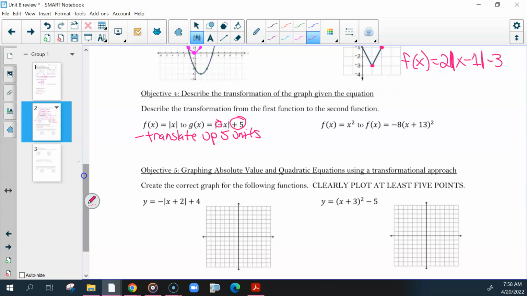The negative would be a reflect, and since it's on the inside, that is a horizontal reflection, so it reflects over the y-axis. Questions on either of those?